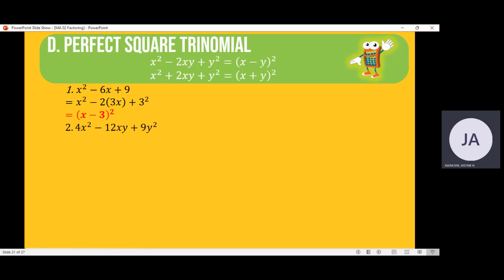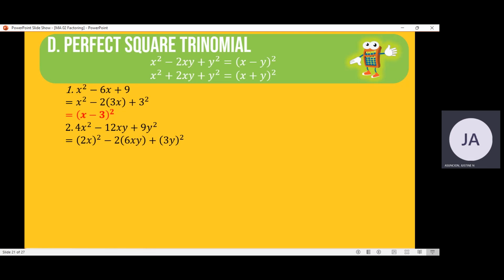Another example, 4x squared minus 12xy plus 9y squared. Again, let's utilize the form. The first term can be expressed as (2x) squared, the second term can be expressed as 2 times 2x times 3y, that is 12xy, and the 9y squared can be expressed as (3y) squared.